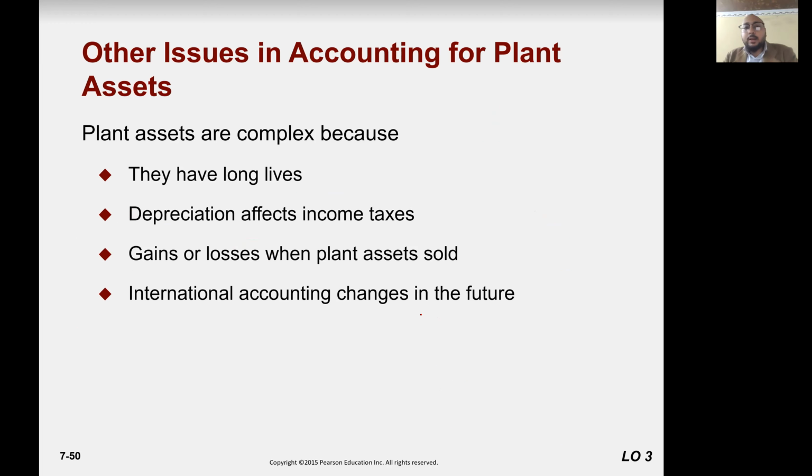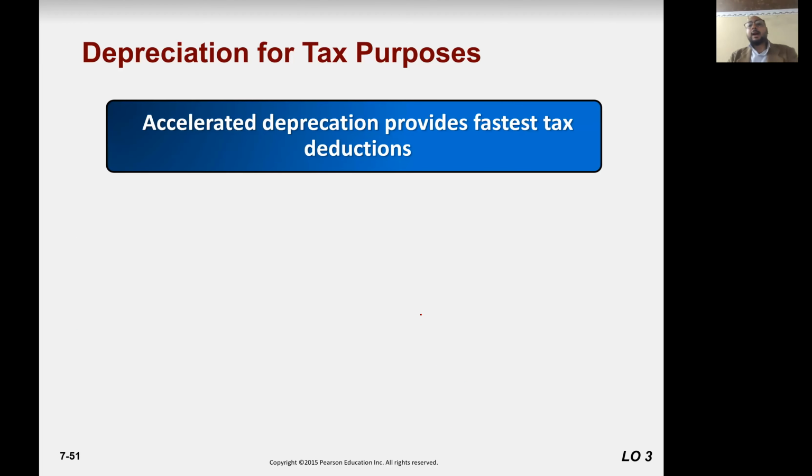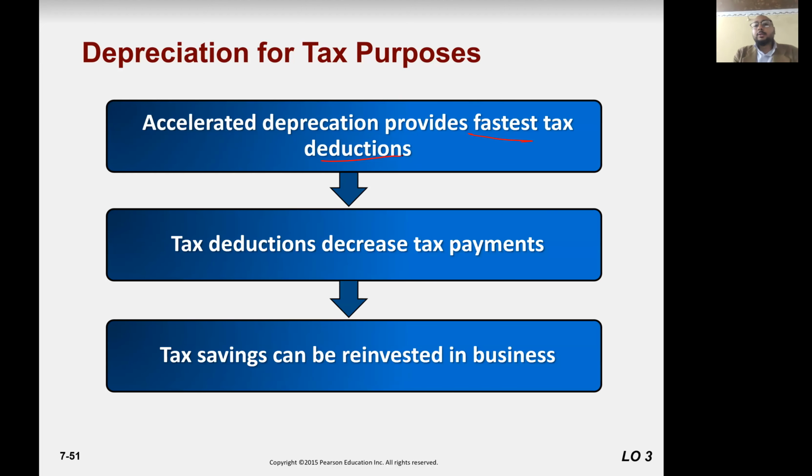All right. So the tax saving is that accelerated depreciation provides faster tax deduction, right? Which means tax deductions decrease the tax payment. So tax savings can be reinvested in the business, because the more you charge depreciation, the lesser the tax. So in the first year you will pay less taxes, all right?